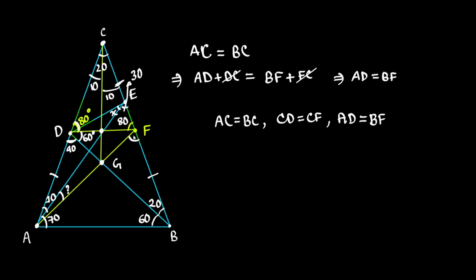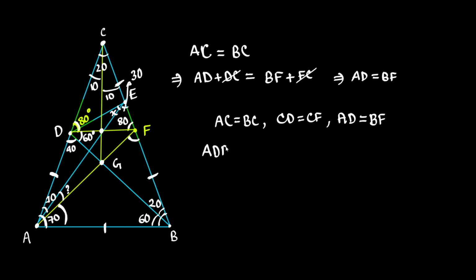If we calculate this angle here, oh, we don't know this angle here. So how do we calculate that? This is 80. This is the same for this. This is common. And this is 80. This is 80. Oh, yay.